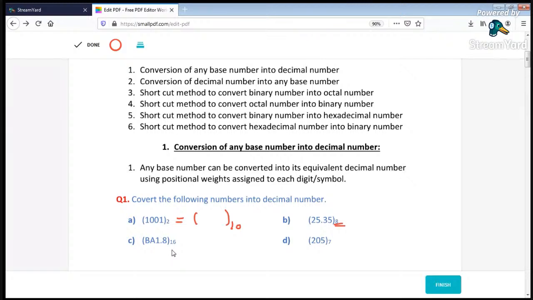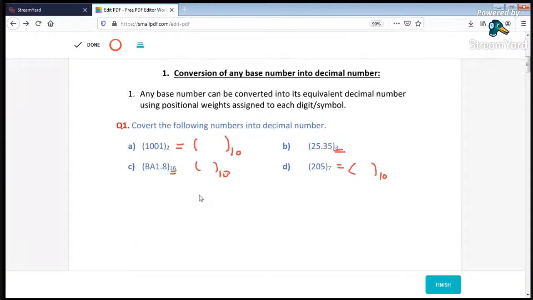In the third problem the base is 16, so this number is hexadecimal, and this problem becomes a hexadecimal to decimal conversion. And the last problem, D, has base 7, which is a non-standard type of problem, and it is also going to be converted into decimal. So how can we convert these four problems into their equivalent decimals?